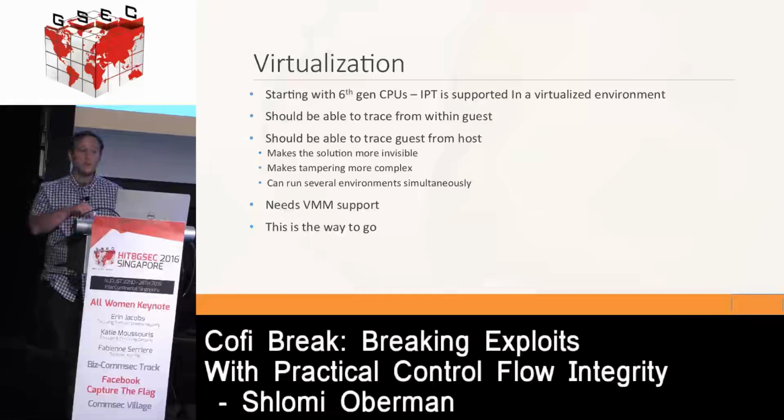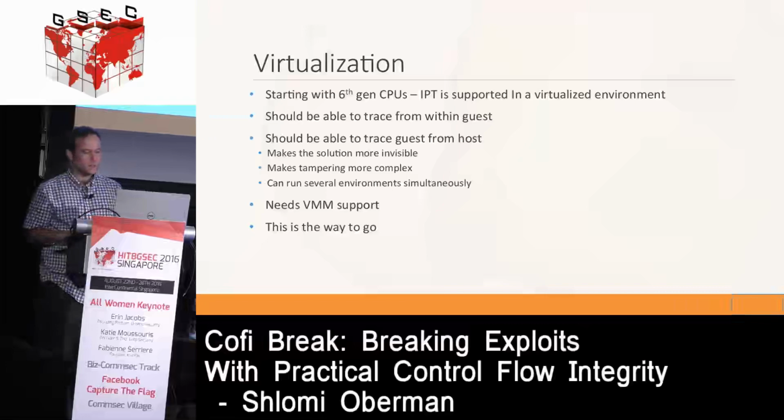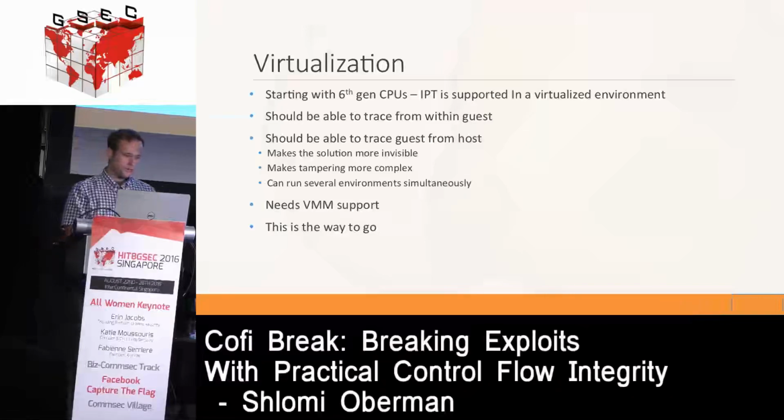And this is probably the way to go forward. This does need VMM support. So last I checked, Xen and KVM did not have support for processor trace, but this can be added to the different solutions, either manually or by maintainers.